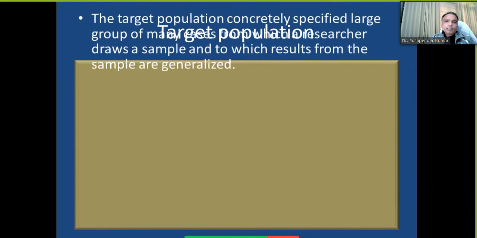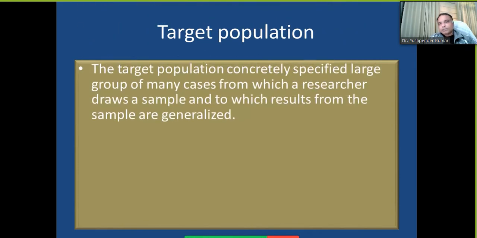Then out of that population, what is our responsibility? The target population is a concretely specified large group of many cases from which a researcher draws a sample and to which results from the sample are generalized. Now from the whole population of students in Delhi University, who would be your target student?